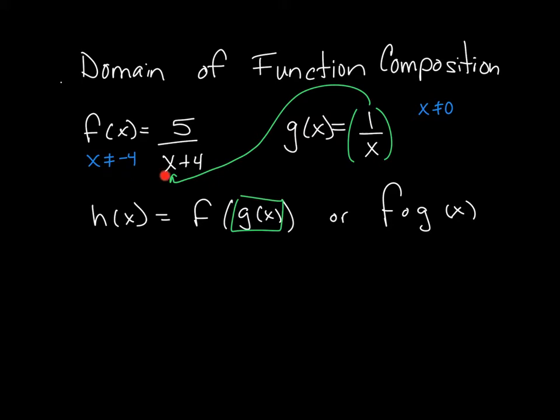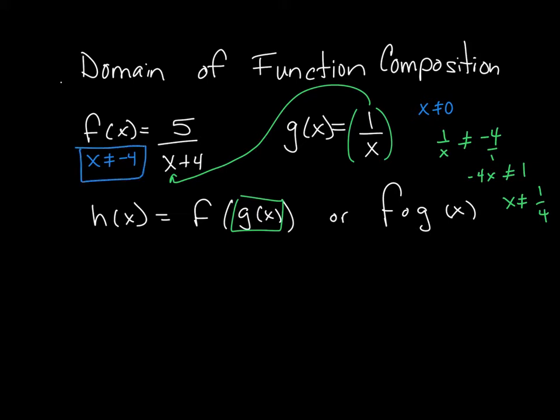So if x cannot equal -4, over here, that also means that 1 over x cannot equal -4. So to solve this, let's just go ahead and cross multiply, and I get -4x cannot equal 1, or x cannot equal -1/4.